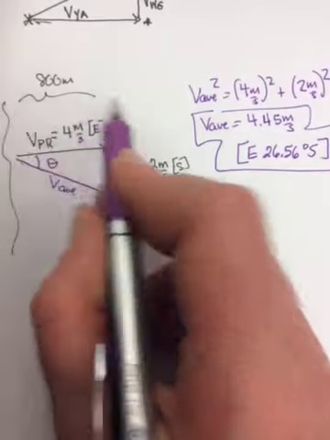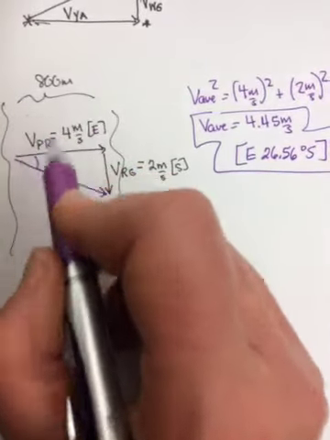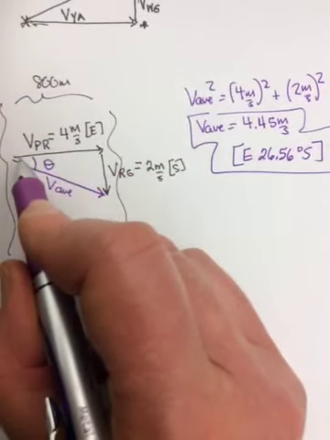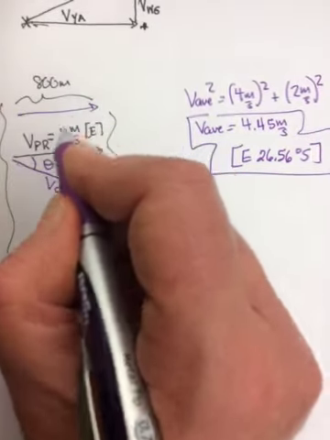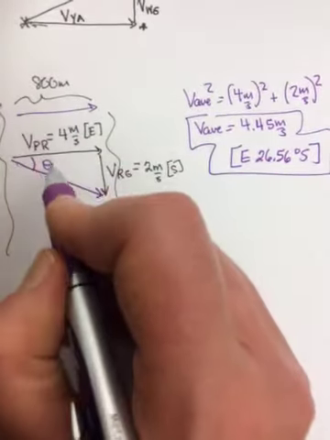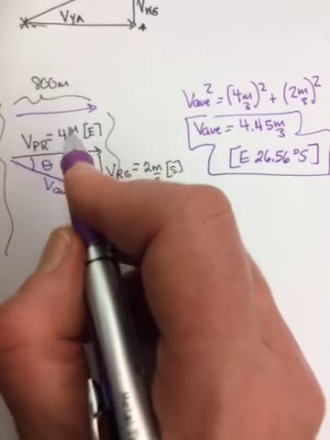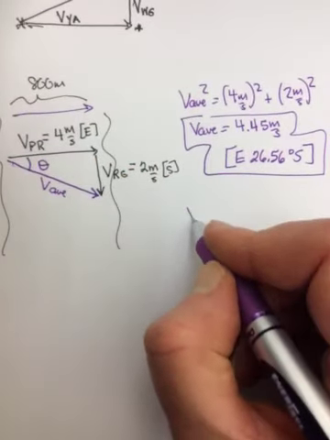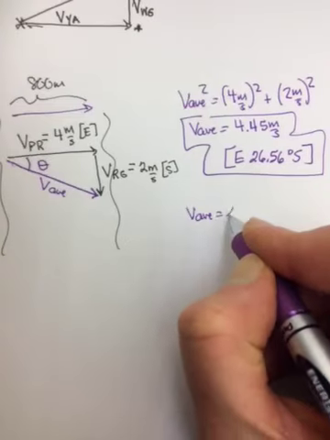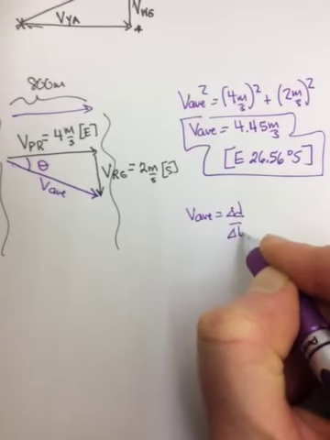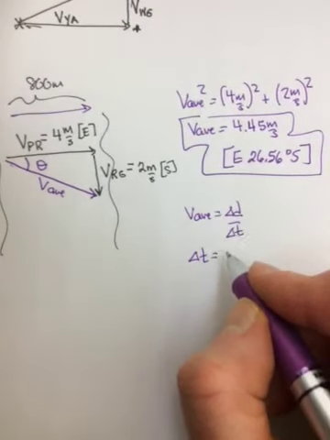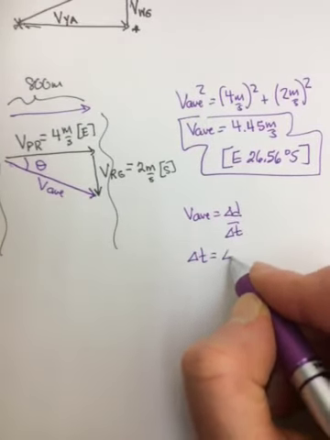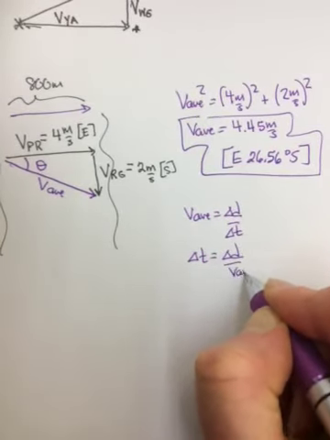How long does it take to reach the other bank? Well, the river is 800 meters wide, and this is your displacement vector here. You have to use your velocity vector that's going in the same direction. So we know VAV is equal to delta D over delta T. We want to know how long, so delta T is equal to delta D over VAV.